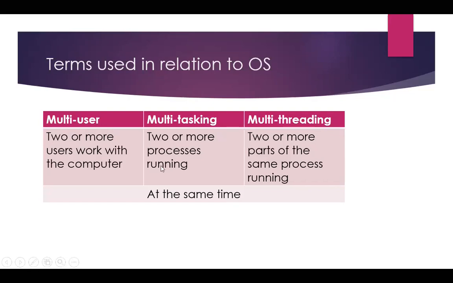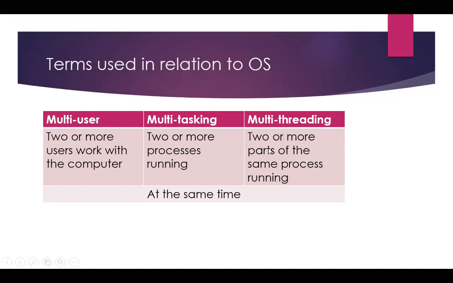So if two or more users are using, it is multi-user. If a particular user opens up two application softwares, like at present I am using Microsoft PowerPoint to present my lecture, and I'm using Zoom application. So I'm using two processes on my computer. So it is a kind of multitasking.